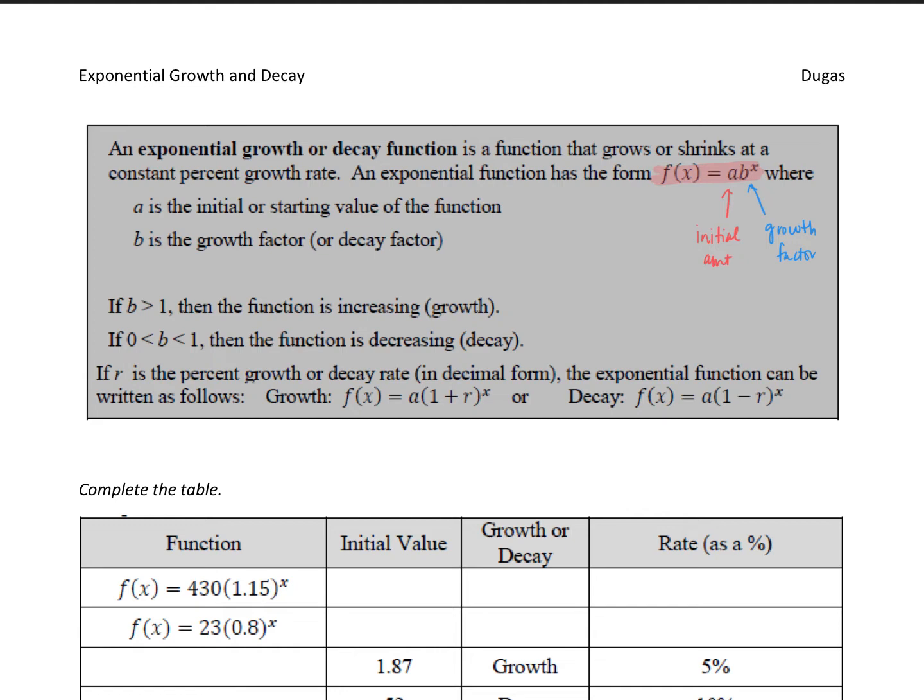The linear model, you will see, has an absolute change or a constant rate of change, which is called a slope. An exponential model is going to have a growth factor or a relative change, meaning a percentage is usually how the growth or the decay is described.